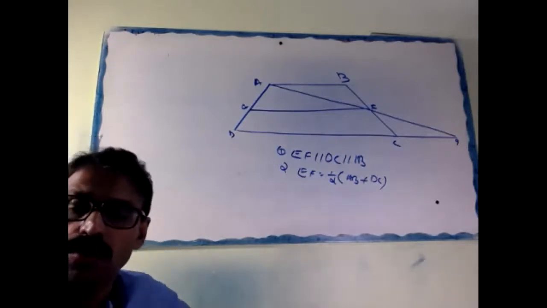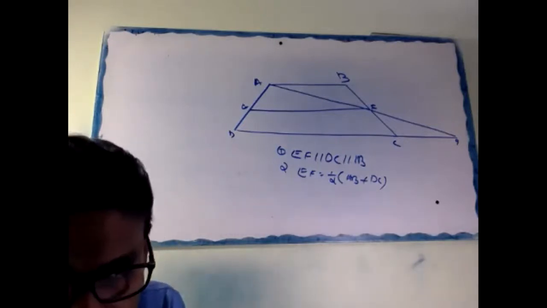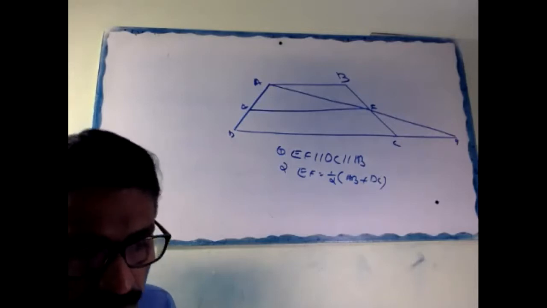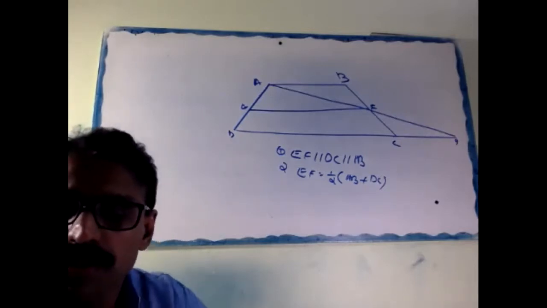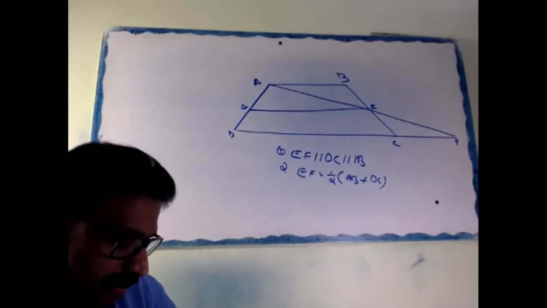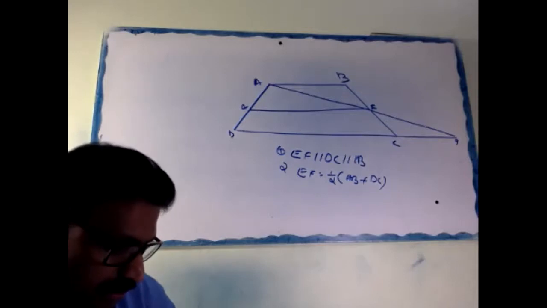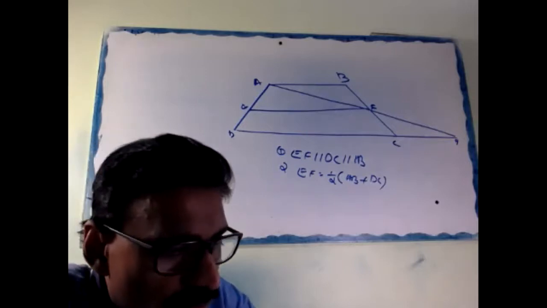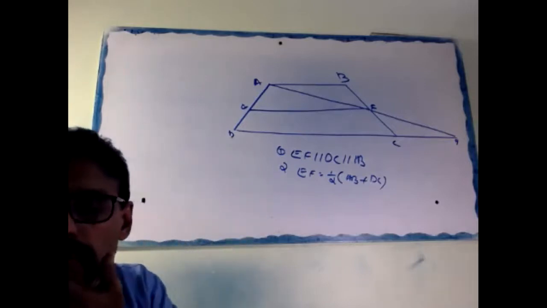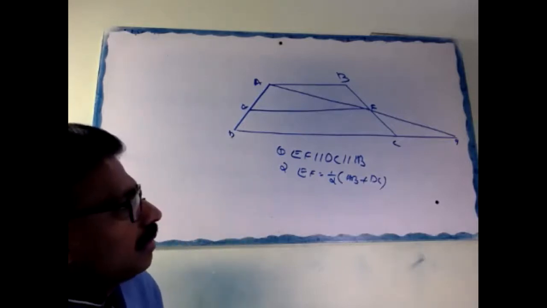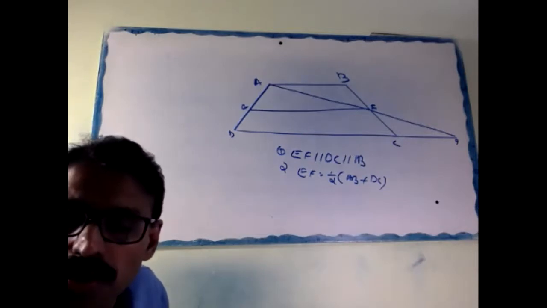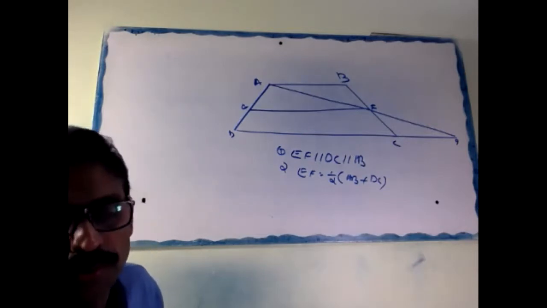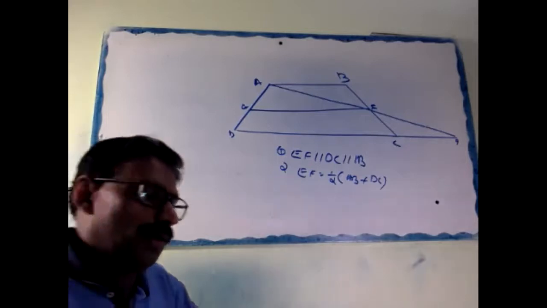So now we have what is given, what you have to prove, and what the construction is. Clear or not?